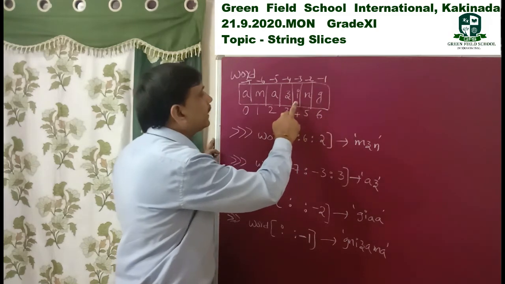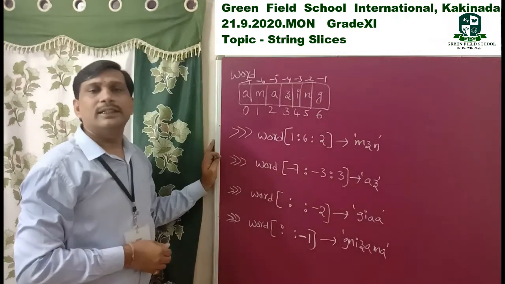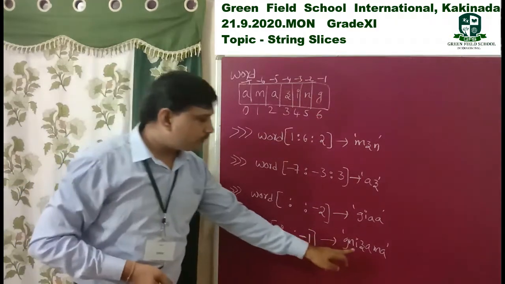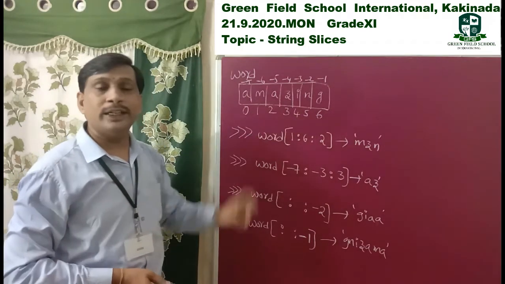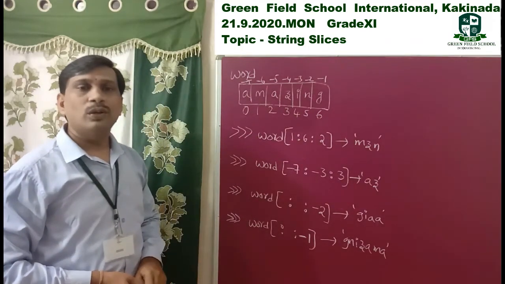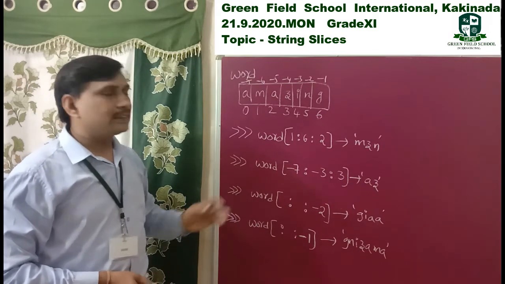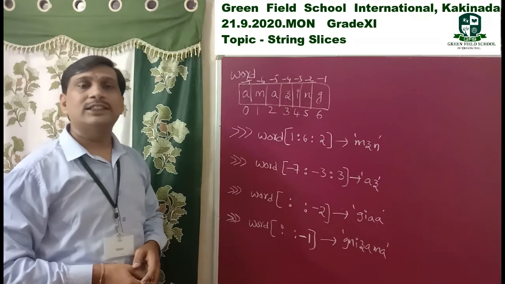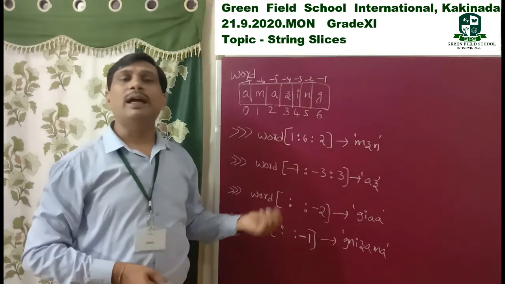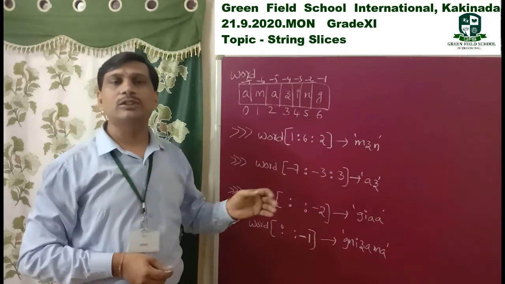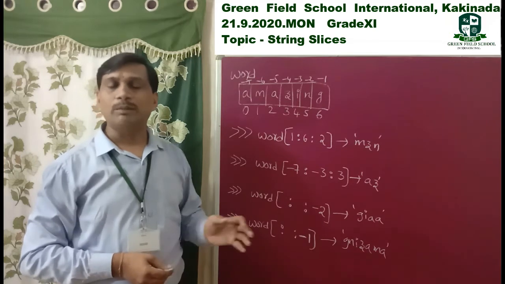So Z, N, I, Z, A, M, A. You can write the reverse string in the form of Z, N, I, Z, A, M, A. The string can be written in the reverse direction. So we can operate on strings by using these string slice operations, either in the forward direction or the backward direction. Okay, understood? All these examples are textbook examples we have considered up to now.